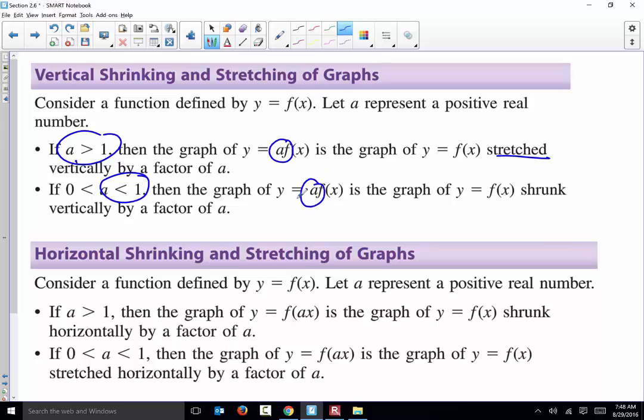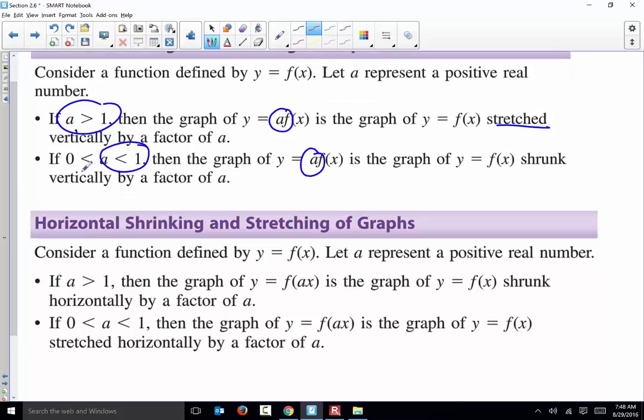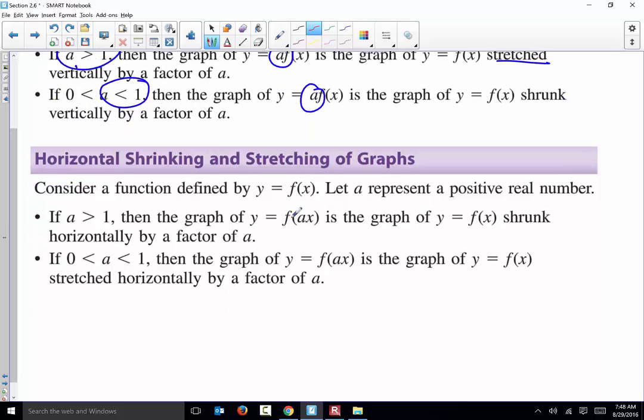With a main body of function like absolute x, the number should be in front. A small number shrinks, a big number stretches. However, it's the opposite in the horizontal case. The number is right in front of x, affecting x values. Then big numbers shrink it, small numbers stretch it.